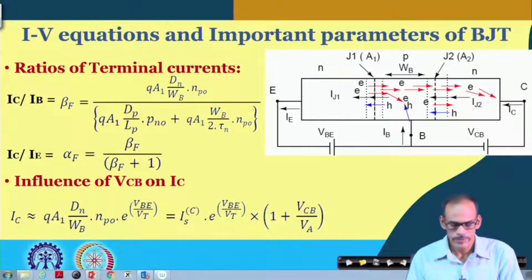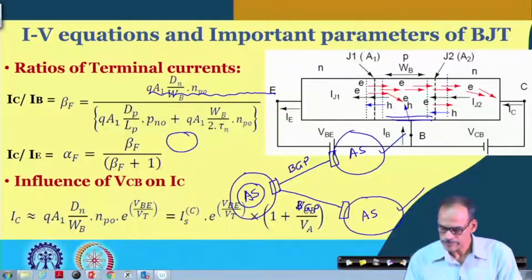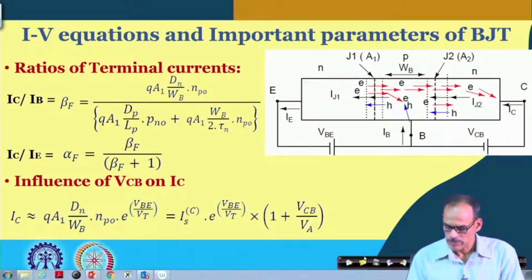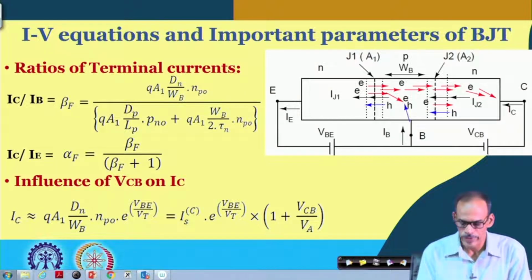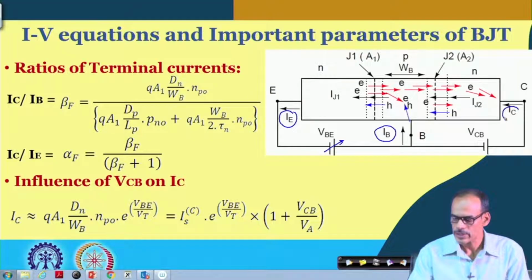What we have discussed here is the biasing, and how we vary the junction potential, particularly the VBE, and then observe the base current, the emitter current, and the collector current.